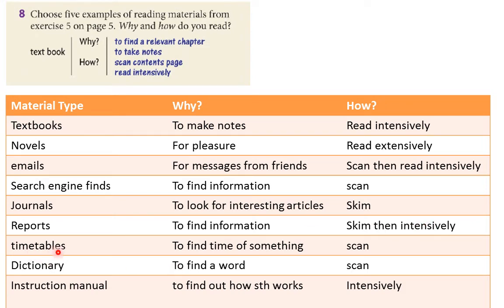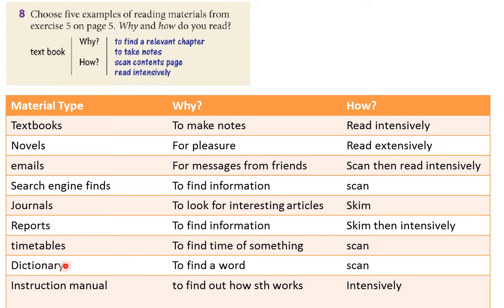Timetables. Sometimes we need to read timetables to find the time of something, for example, the time of our lecture or the time of a train, and reading timetables, usually we need to use scanning. Dictionary.